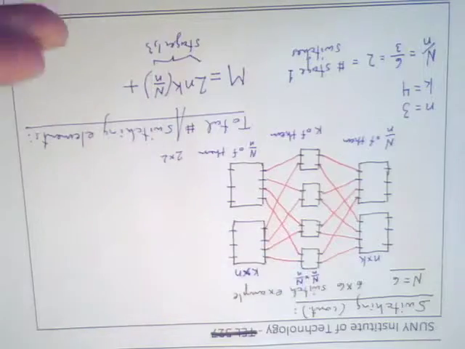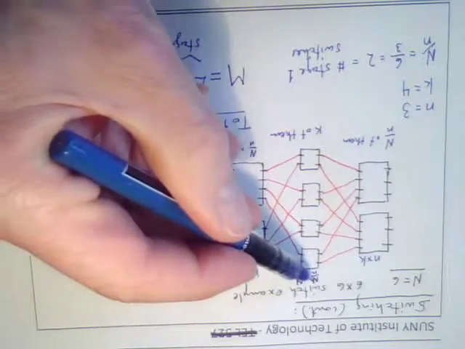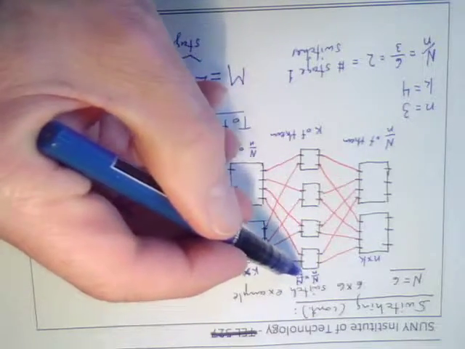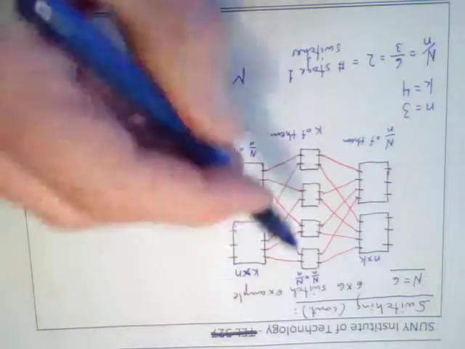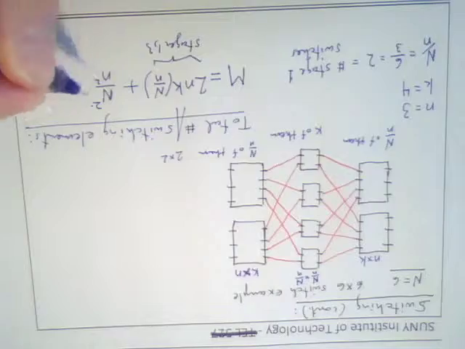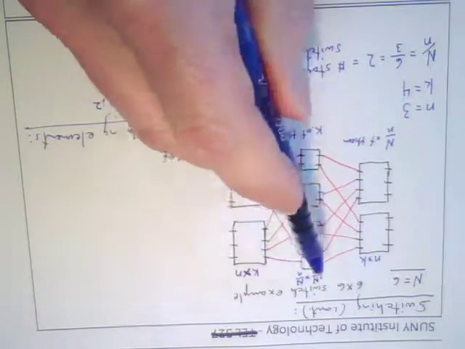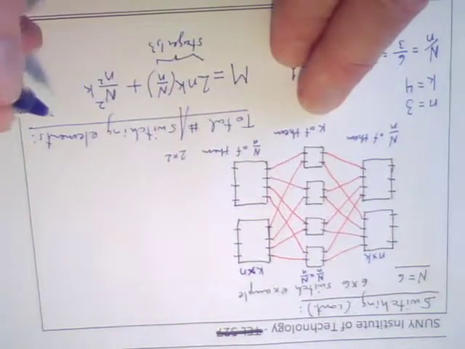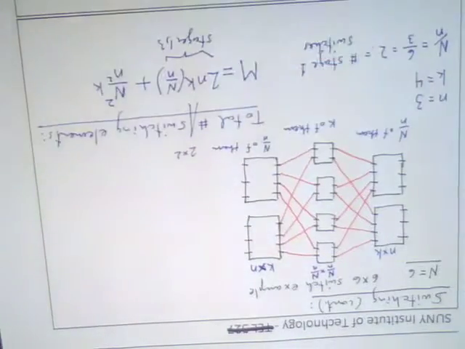Well, each of them is a big N divided by little n, by big N divided by little n switch, and there are k of them. So I'm going to get big N squared over little n squared. That's by multiplying these two numbers, and then I multiply that by k because there are k of those switches.